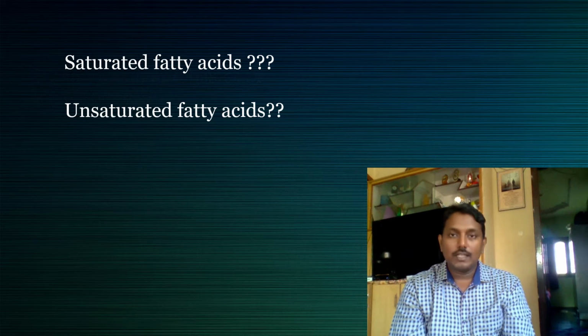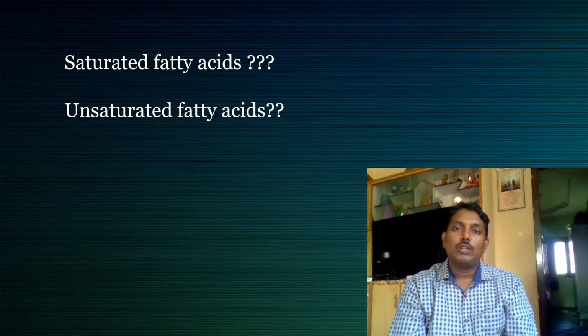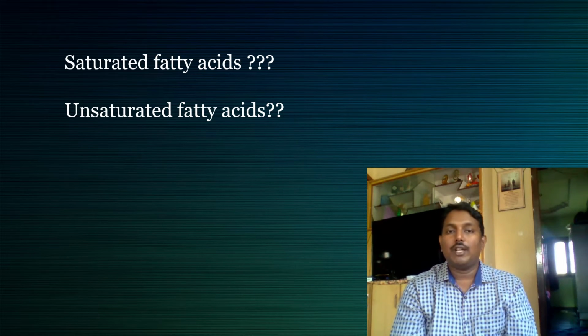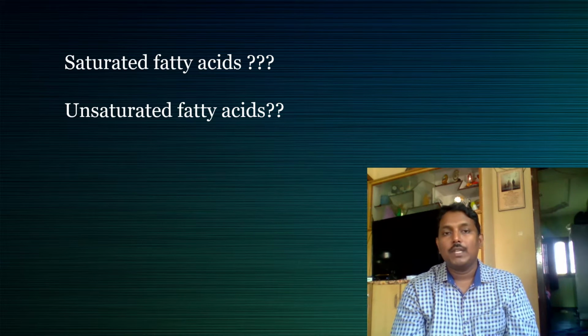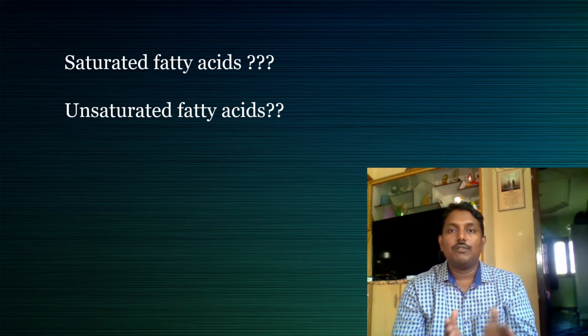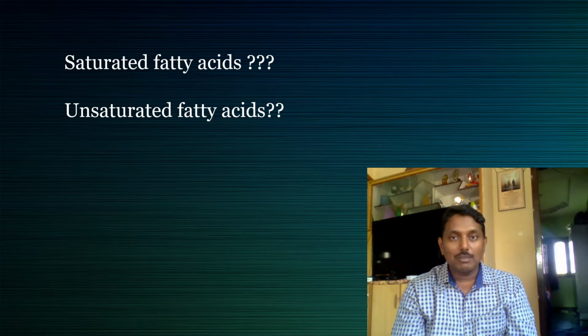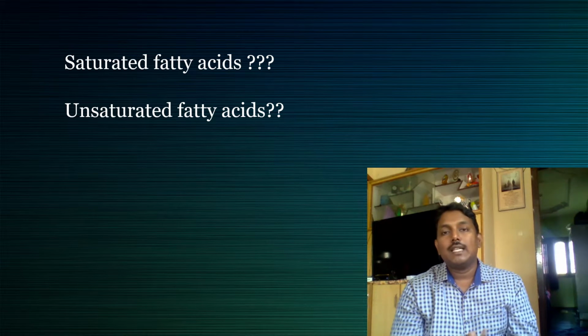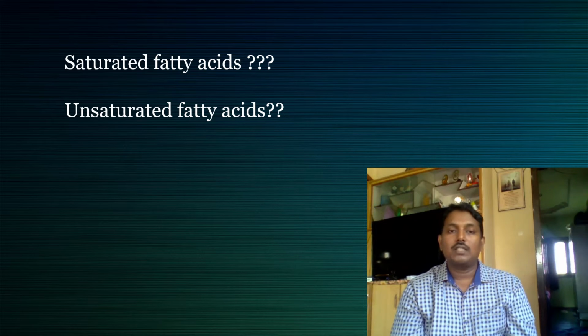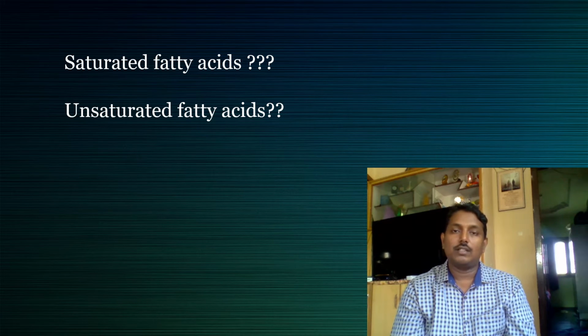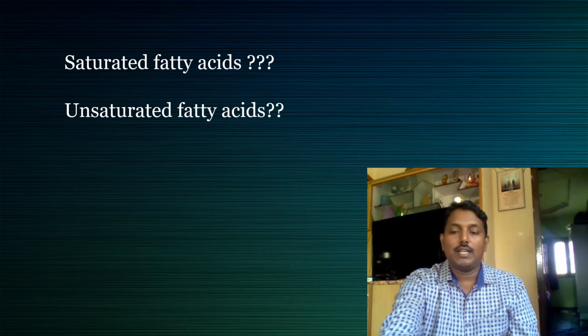So let us try to understand the difference between saturated fatty acid and unsaturated fatty acid. If you can recall your chemistry properly, whenever there is a double bond in any chemical structure, we call it an unsaturated fatty acid. Whenever there is no double bond, we call it a saturated fatty acid.